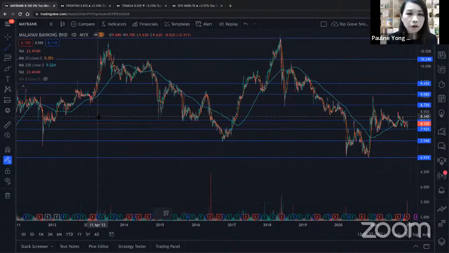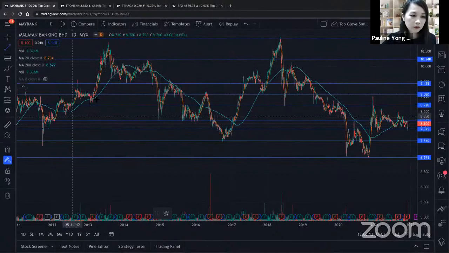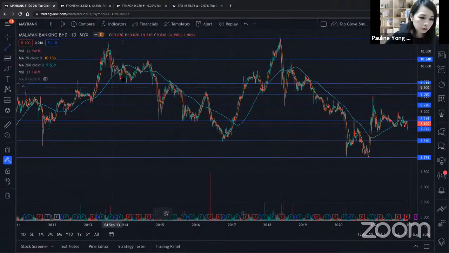So for people who are new in this TA, after you have seen the moving average, you can use this moving average line to guide you to draw the trend line more accurately. For example, I see that this one is my 200-day long-term trend line that is from 2011 until 2013.